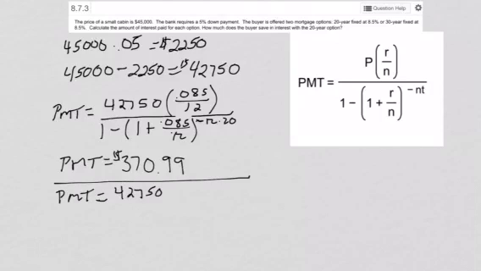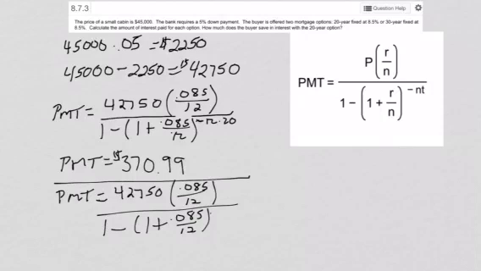So that's 42,750 times 0.085 divided by 12, all over 1 minus 1 plus 0.085 divided by 12, raised to the negative 12 times t, and now my t is 30 for the 30 year.